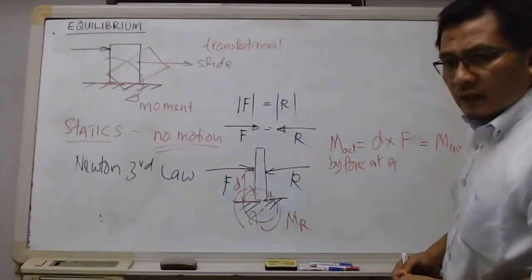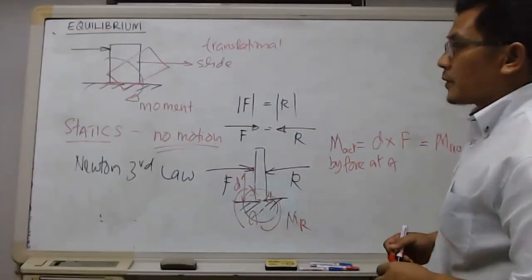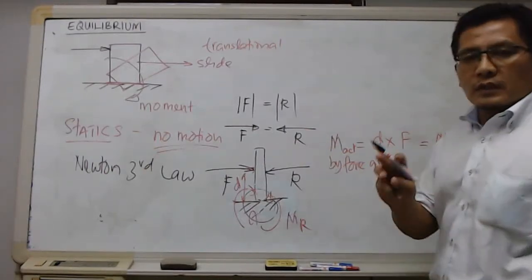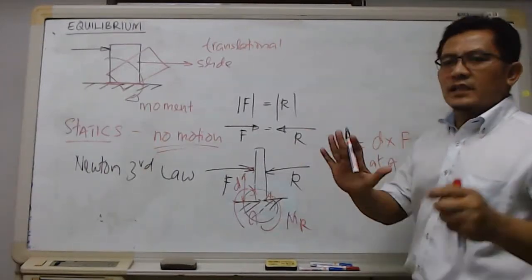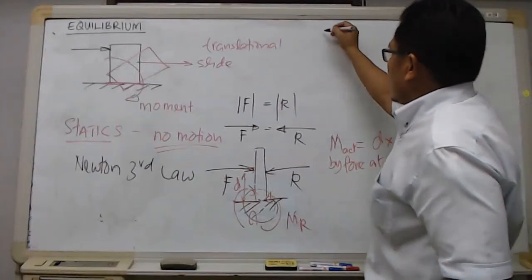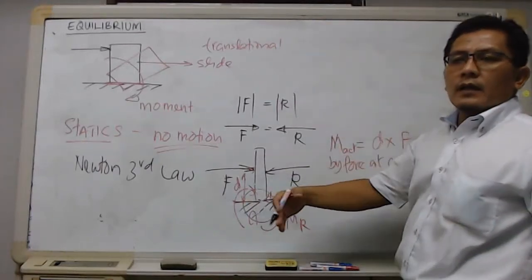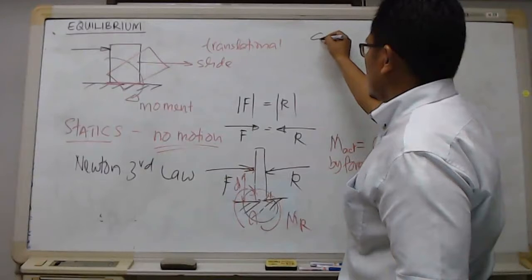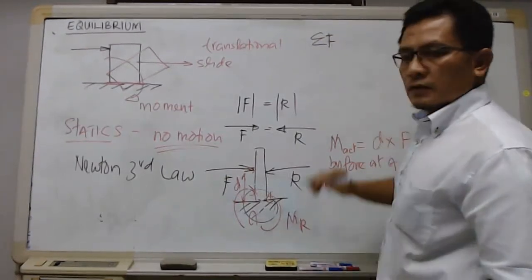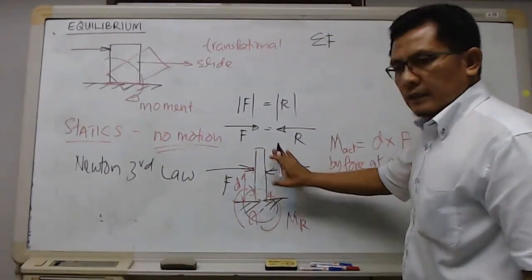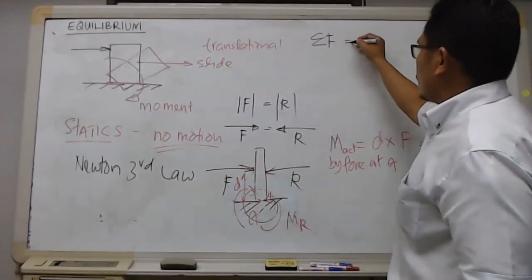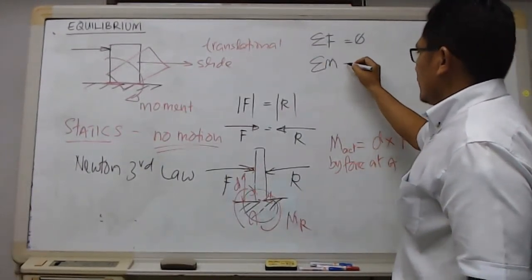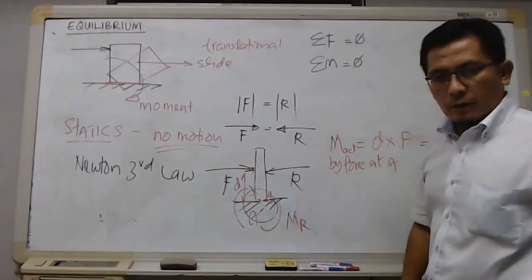So for solving the equilibrium condition of the static here, we come up with 3 equations or 4 equations or 6 can be. But it grows from the 2 basic equations, saying that the summation of force on this rigid body is always 0 and the summation of moment is always 0.